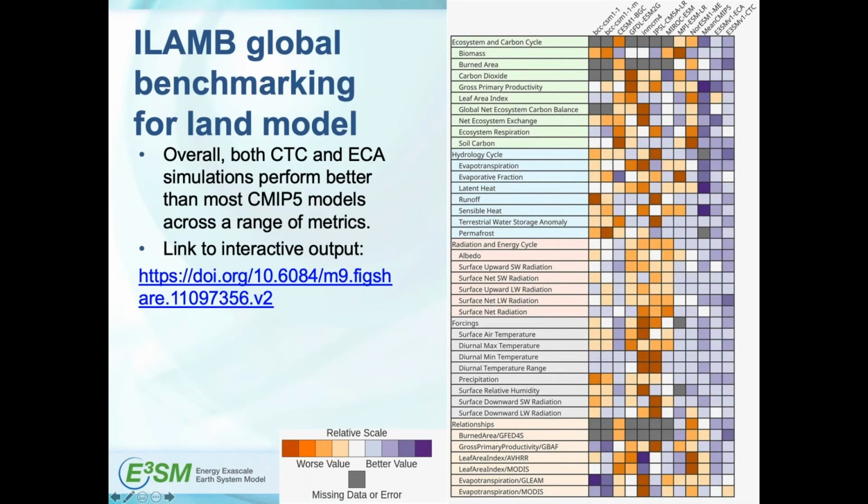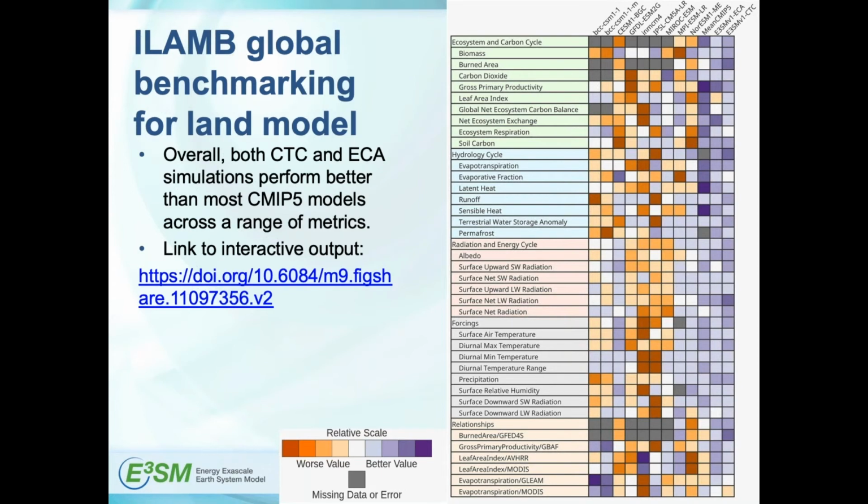And on this chart, which is also in our paper, the models are being compared against a subset of models from the CMIP5, including the CESM1 BGC, the third column from the left here, which is the predecessor model of ours. And then the mean of the CMIP5 models is shown third from the right. And then the 2 variants of the E3SM simulations are shown at the far right, the ECA and the CTC.